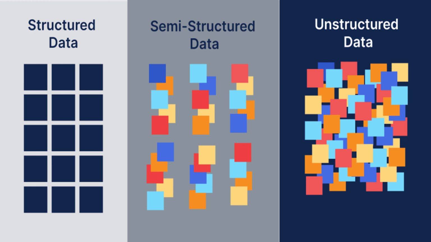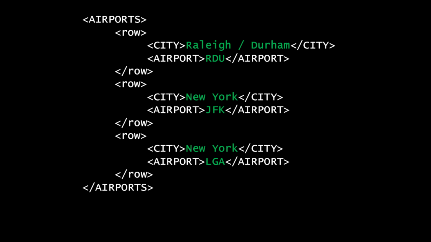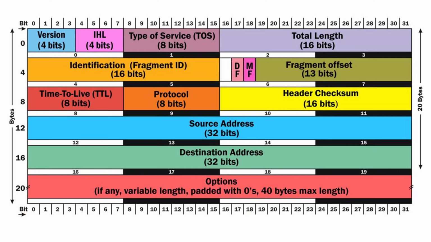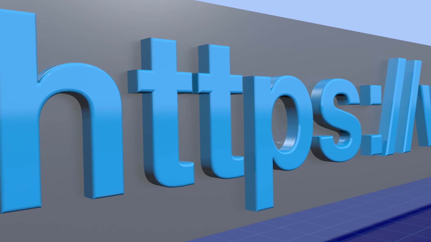It does, however, contain tags or other markers to separate elements and enforce hierarchies of records and fields within that data. Some examples of semi-structured data sources are emails, XML, and other markup languages, binary executables, TCP/IP packets, zip files, and web pages.